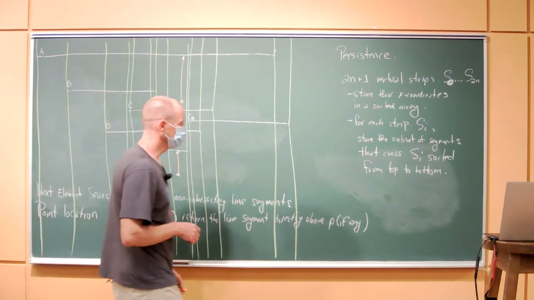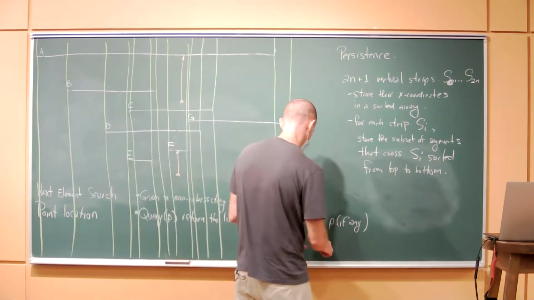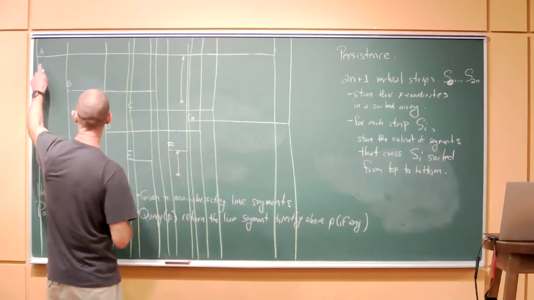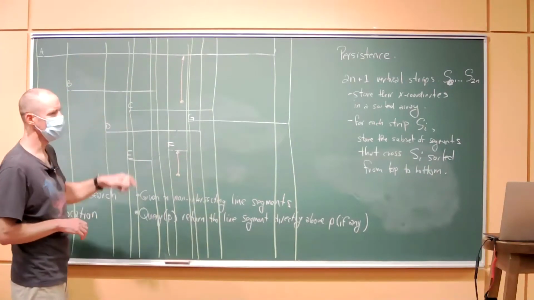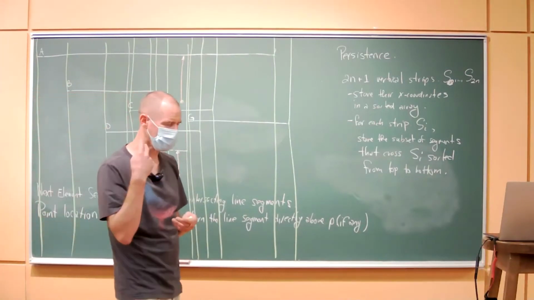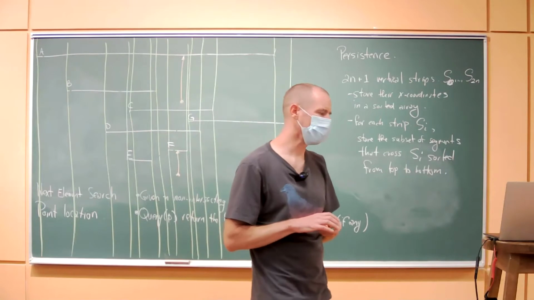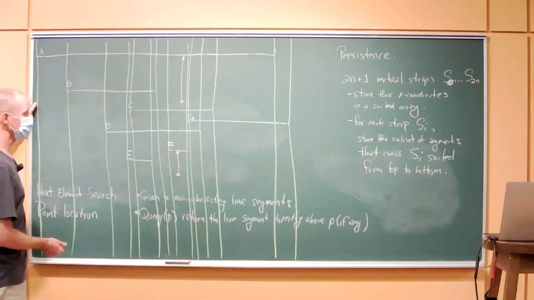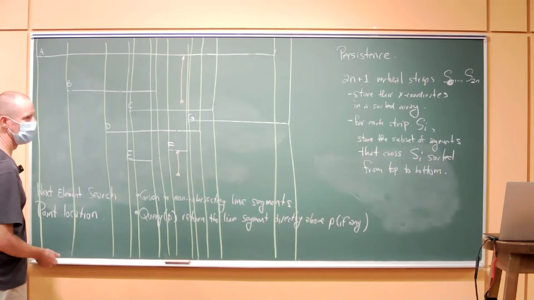All right. Pat, yes? How will there be 2n plus 1 vertical strips? Because there are 2n endpoints to the segments. Each segment has 2 endpoints, and there are n segments. And there's a strip that comes before the first endpoint.